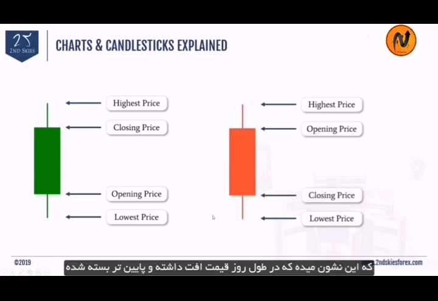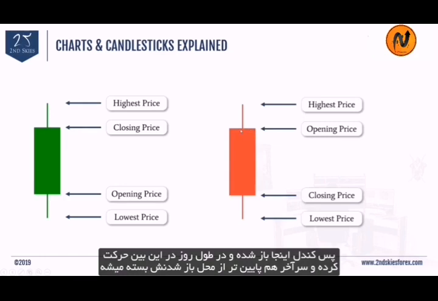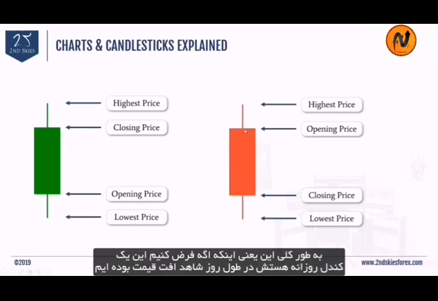Which means within this day, within this candle, price moved down, right? So it opened up here, it moved in between the top here and the lower wick here, and then it closed lower than it opened. And this simply means during this time frame, let's say it's a daily chart, during this day of price action, price declined in the particular instrument.